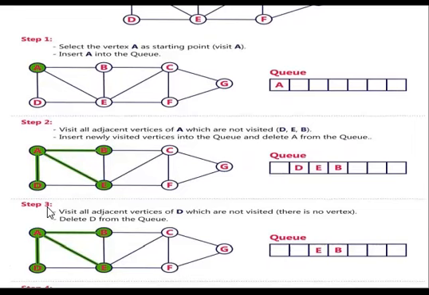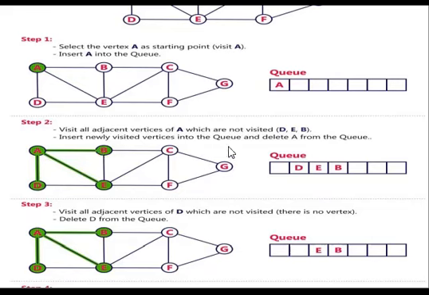In alphabetical order, we put the new vertices into the queue one by one and delete A from the queue, because from A, the source node, there are no more adjacent unvisited nodes after visiting these three.